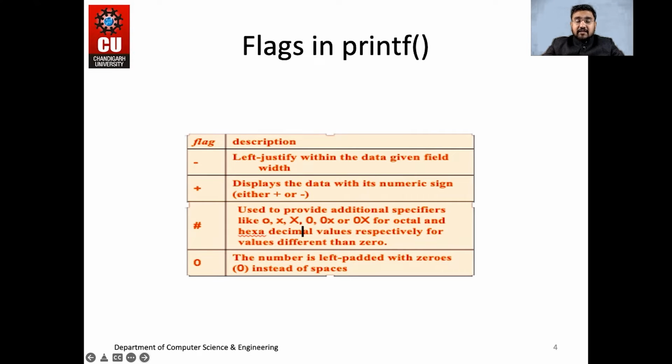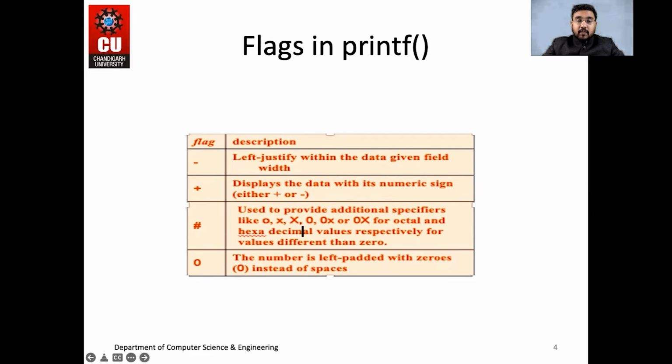In that case, a hash will be useful. Next, we have 0. This is used to pad the space with zeros. As we know, by default the output is right justified. So if we have spaces in front of the output and we want the spaces to be replaced with zeros, we'll use the flag 0 within the control string.